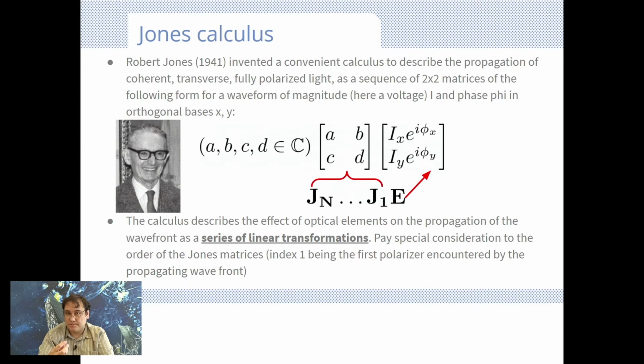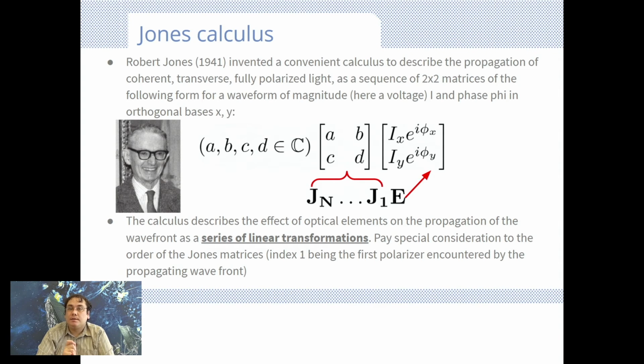Now, of course, in the first order, our system is going to introduce a lot of errors in this measurement. So Robert Jones, who worked for the Polaroid company in his early career, is a US-based mathematician who invented a calculus which we now name after him, so Jones calculus.